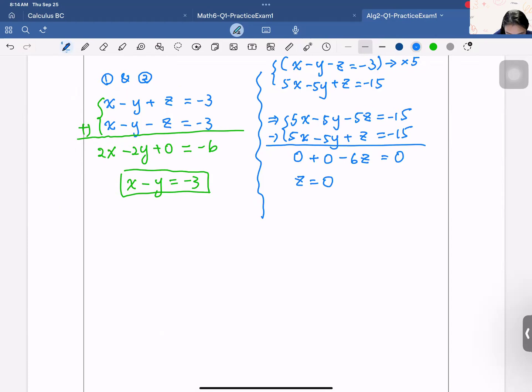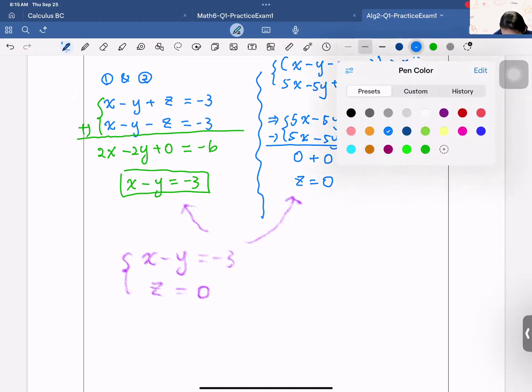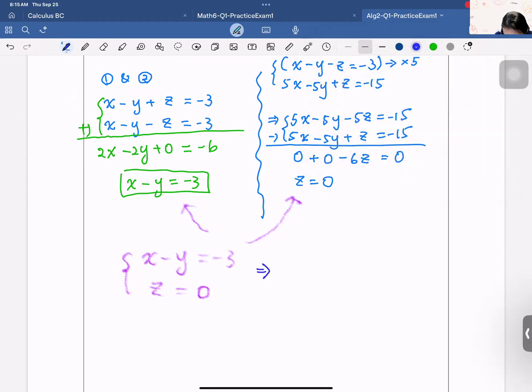So what I do now is combine the two results. My two results tell me x minus y equals -3 and z equals 0. So how do I write this as an ordered triple? What I do is I let x equal t.